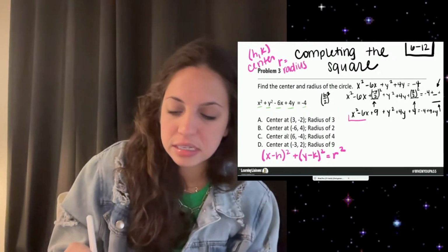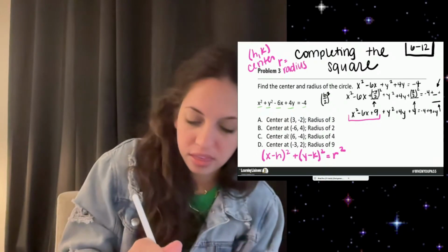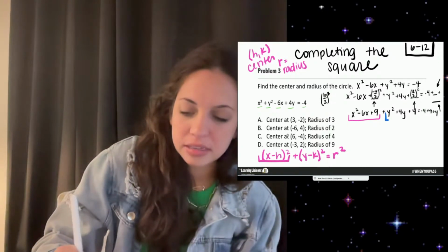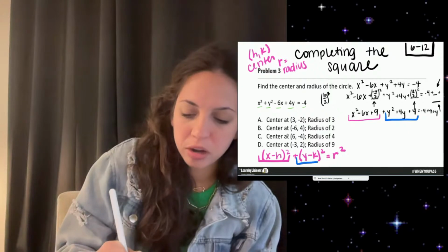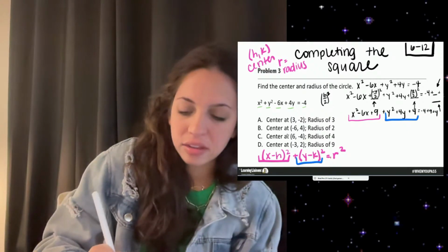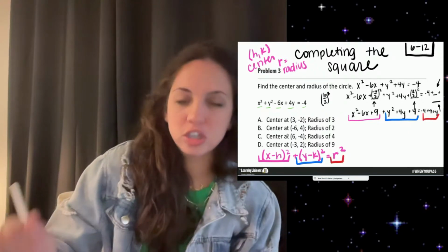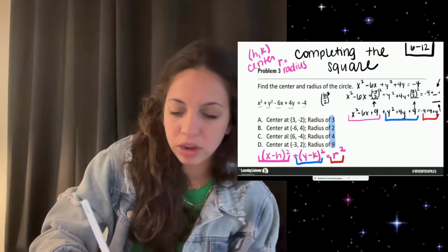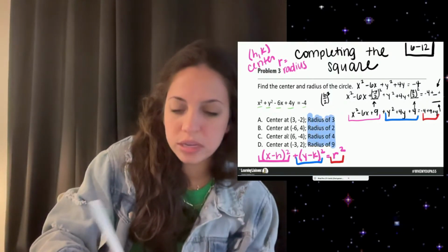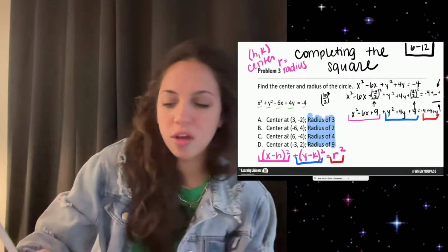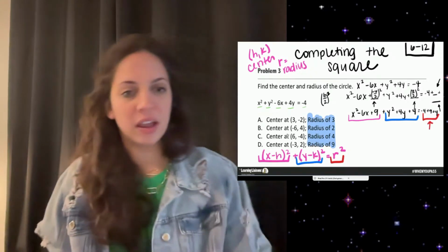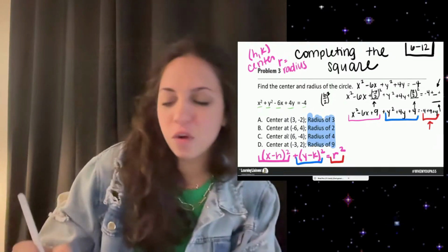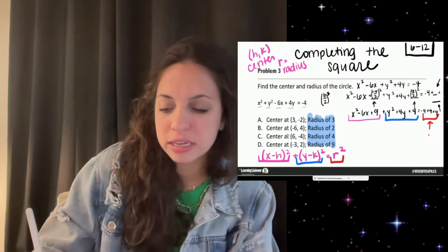So if this is going to create this part of my equation, and this is going to create this part of my equation, and I don't have any of the same radius in my answer choices, can't I just solve this part right here, find my radius, and be done? -4 plus 9 plus 4 is just 9.